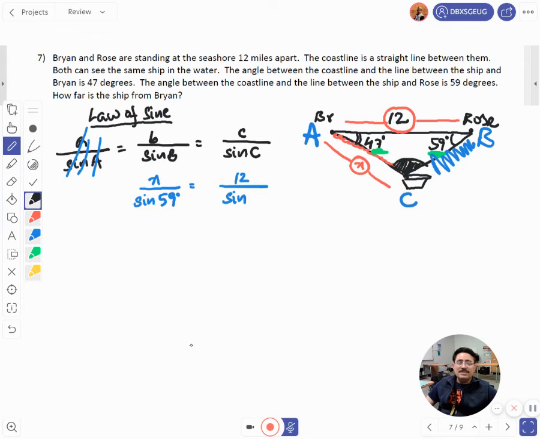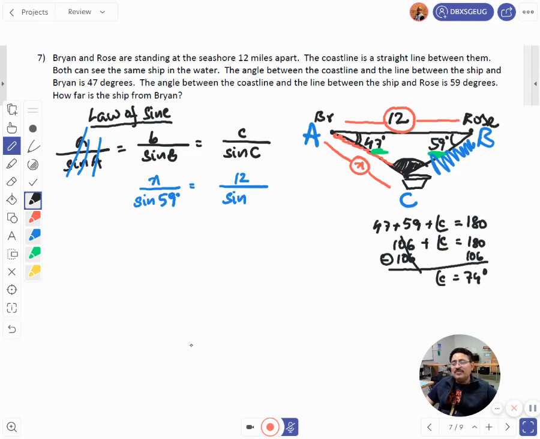The sum of three angles of a triangle is 180. So 47 degrees plus 59 plus angle C equals 180. Then 90 plus 16, 106, plus C equals 180 degrees. Then take away 106 on both sides, and you'll end up with C equals 74 degrees. In case there is any missing angle, this is how you can compute. So the value of angle C is 74.